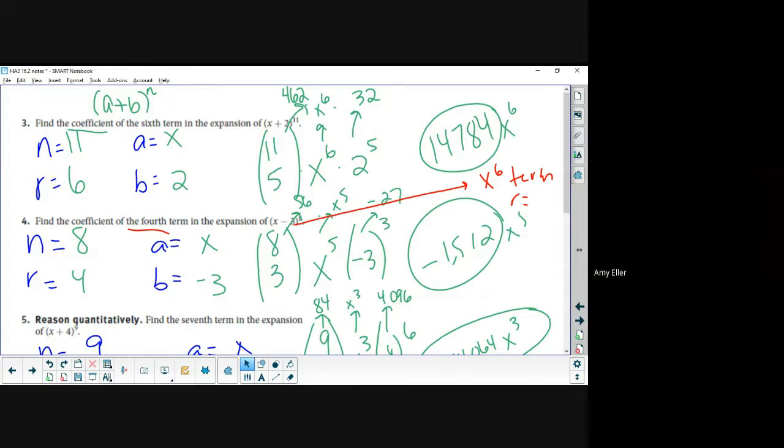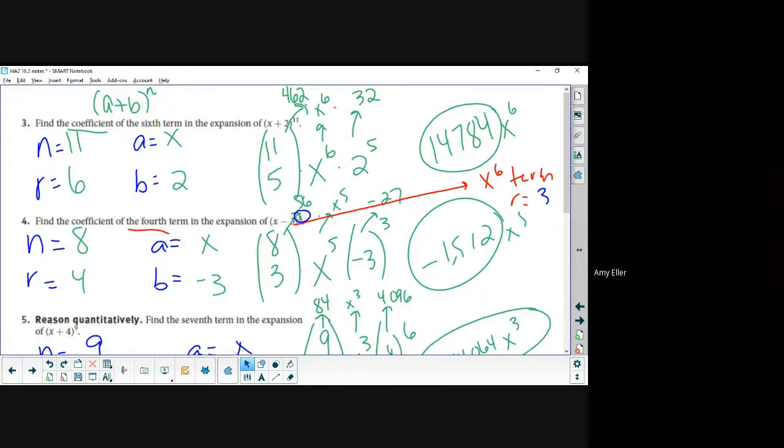What do we get? 3. Your first term is x to the 8th, then x to the 7th, then x to the 6th. So it's your third one down the line. R will be 3. You'll have both types on your homework, so just read carefully.